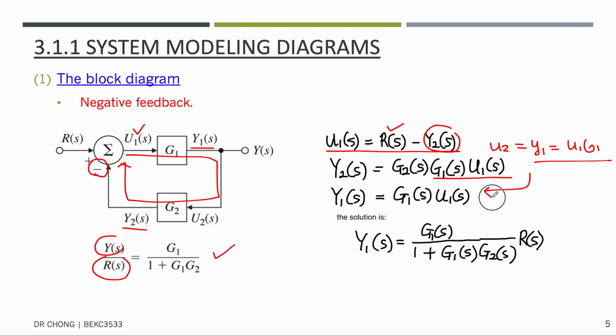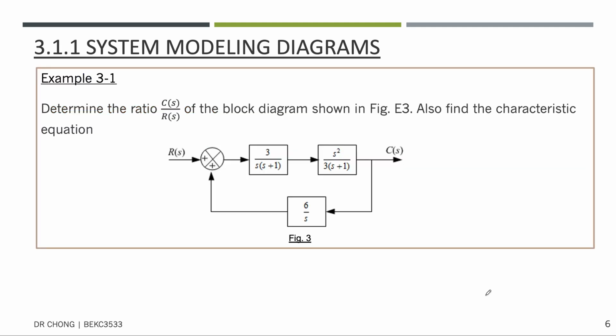Now you substitute Y1 into these equations. Substitute Y1 into this, and then U2 into the first equation. Do this and this to this. Then finally you can get the equation, Y over R, moving R to here. So we have derived it. Let's look at our first example.